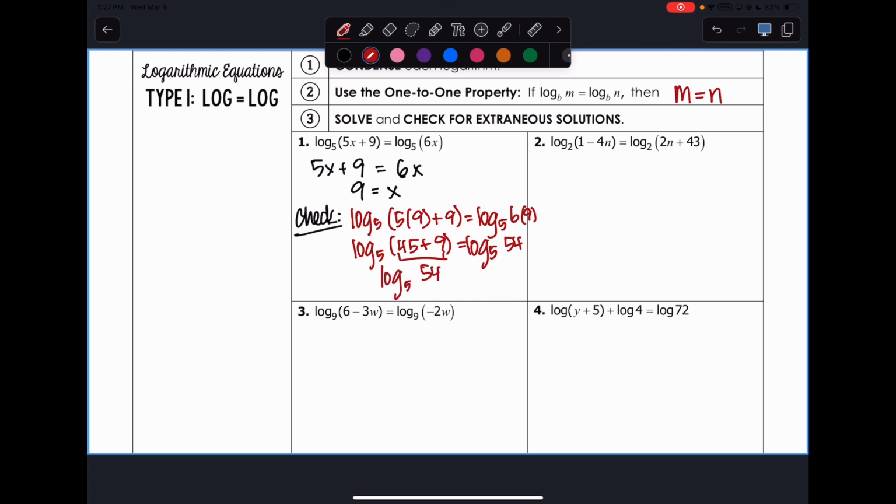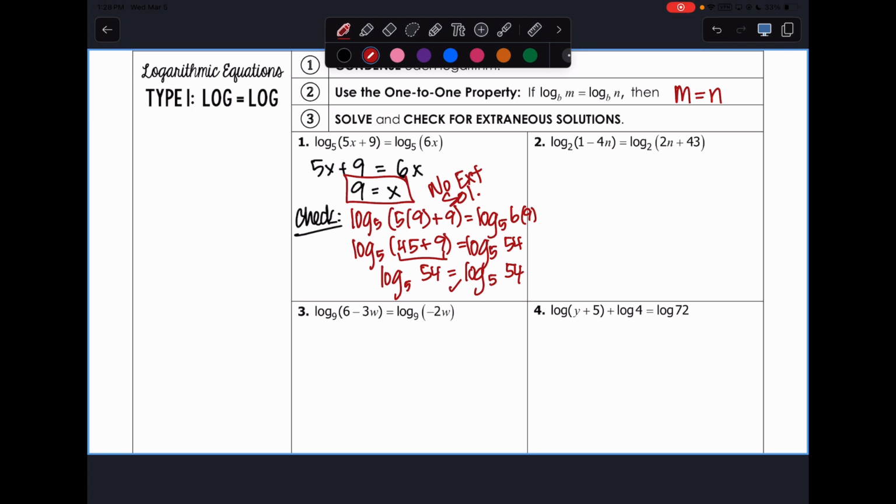So does it work? Yeah, it works like a charm, so no extraneous. Okay? Doing good?